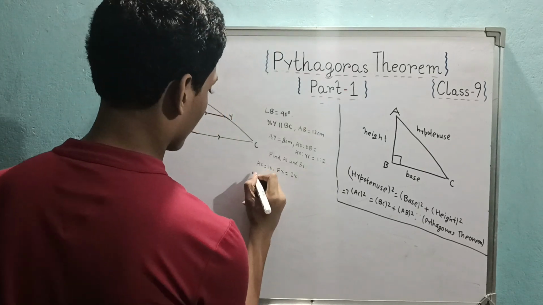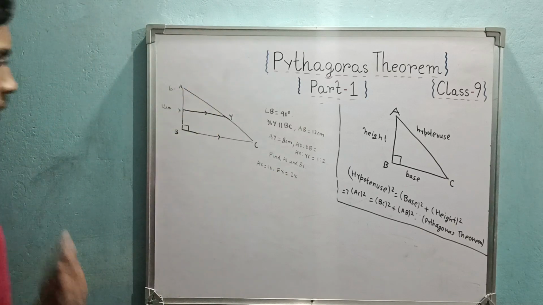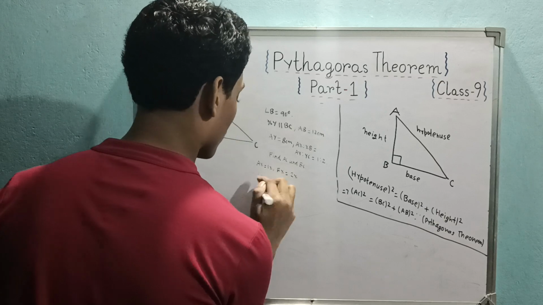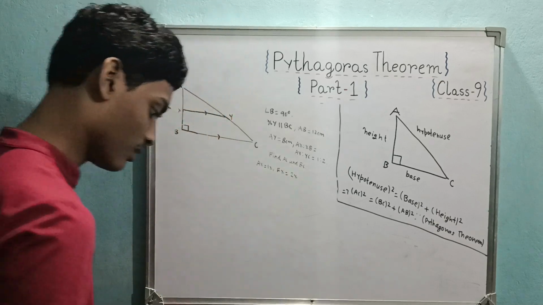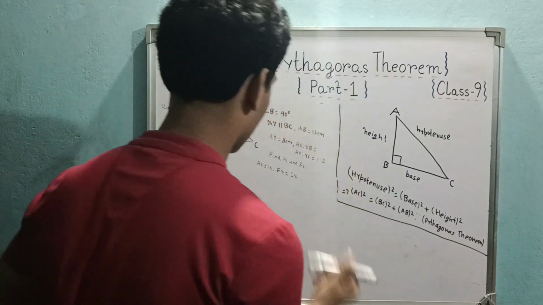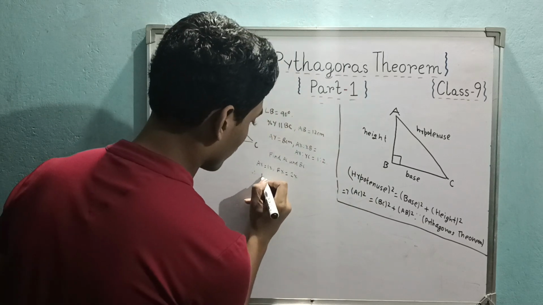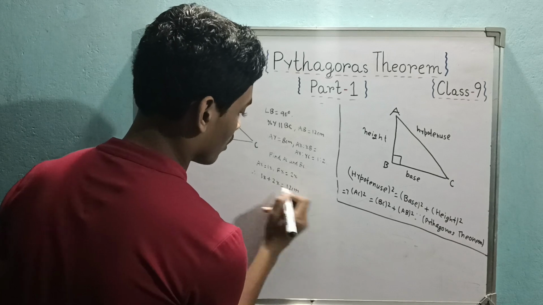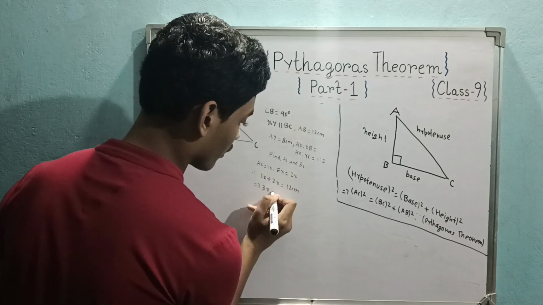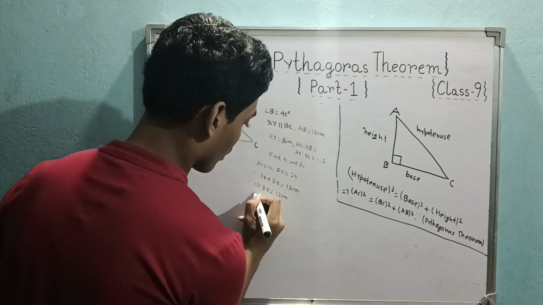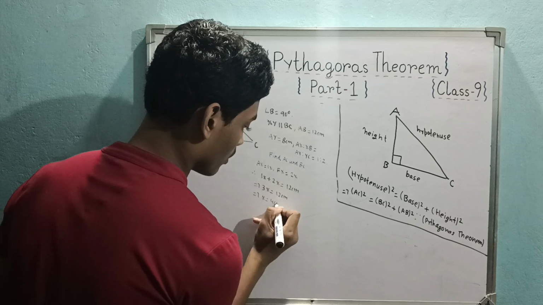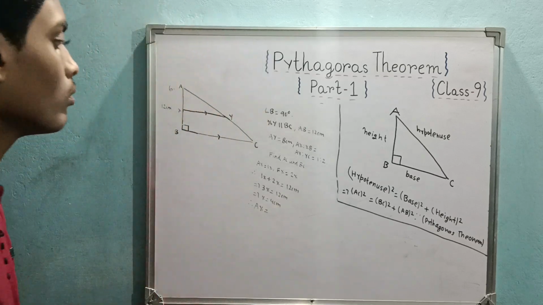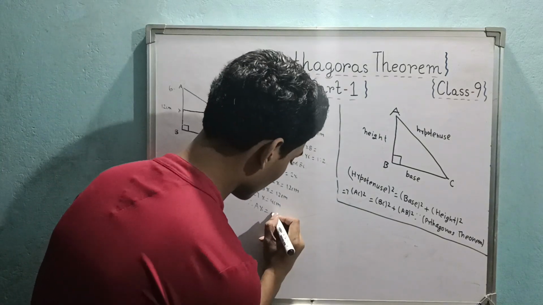Therefore, now see, AX plus XB equal to 12 centimeter. 1x plus 2x equal to 12 centimeter, or 3x equal to 12 centimeter, or x equal to 4 centimeter. Therefore, AX is equal to 1x or 4 centimeter.